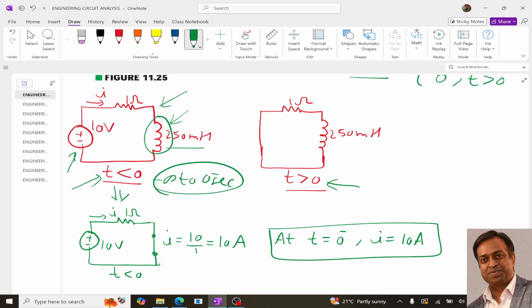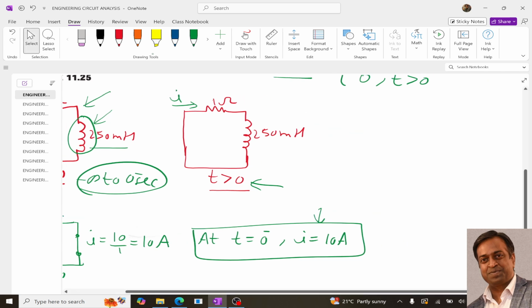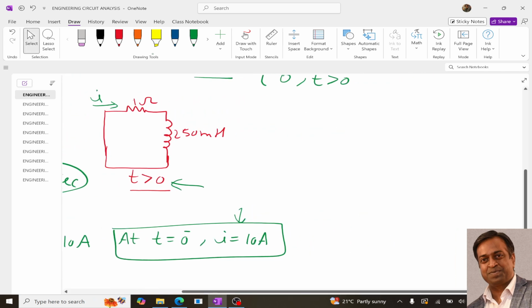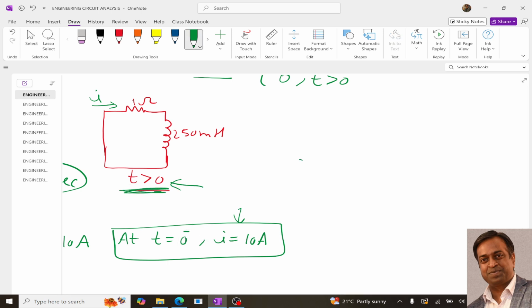Now when this battery is removed and replaced with a short circuit, initially the current flowing is 10 amperes. This is the condition of the circuit at t greater than 0.